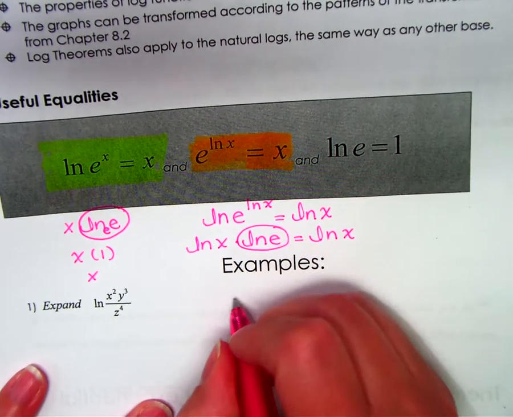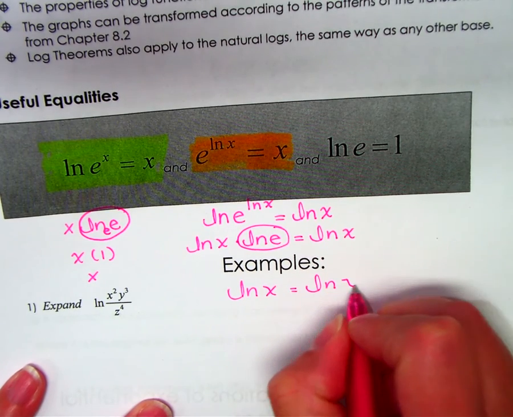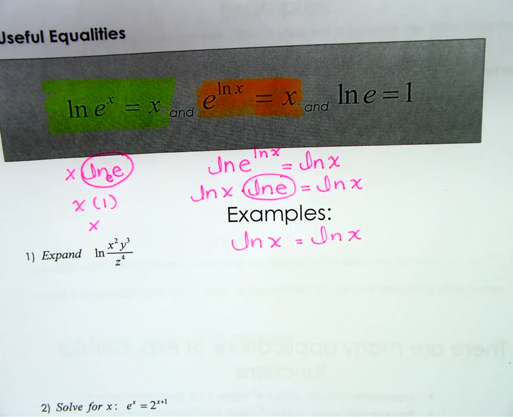That equals 1, so we have ln x equals ln x. And when they both have the same base, what can we do? We can just drop the logs. So then it would be x equals x, or like you said, Nicole, this is a true statement.